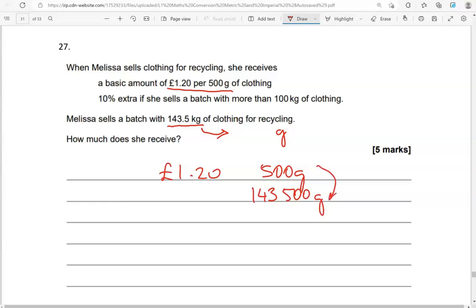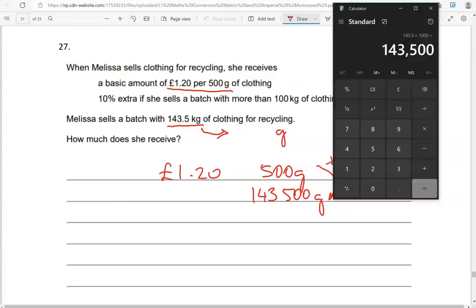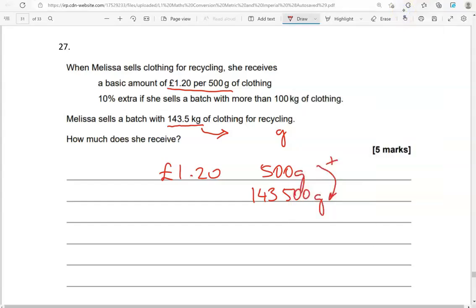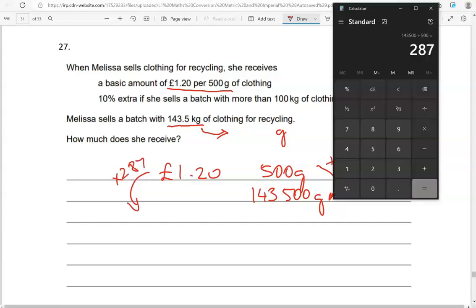So how do we get from 500 to 143,500? So we're going to divide this by 500, which is 287 times, so we'll do the same here. So 287 times 1.2 is 344.4.